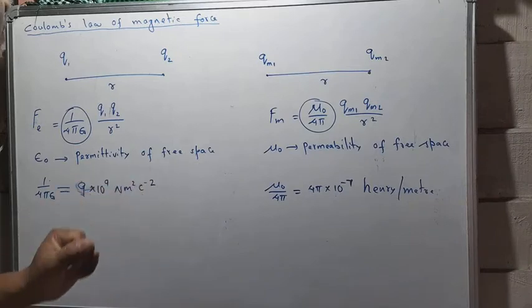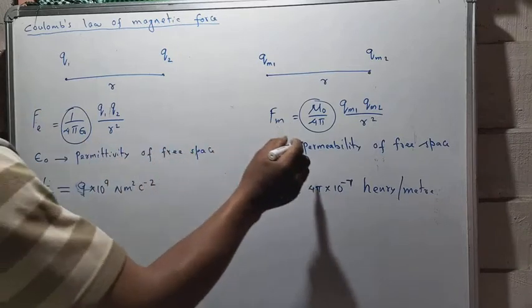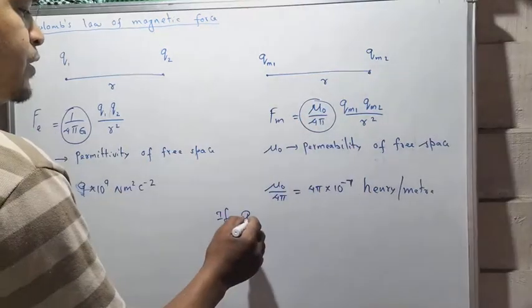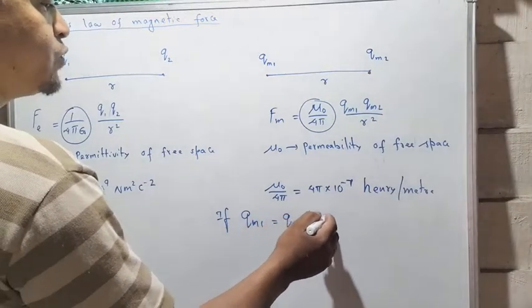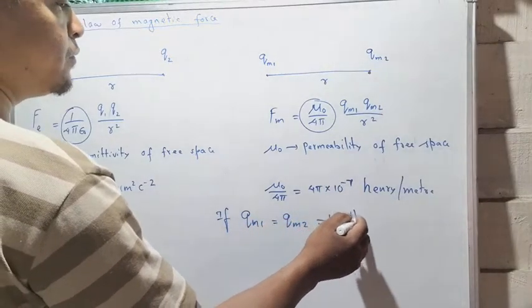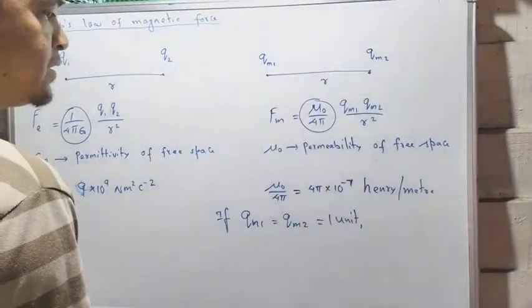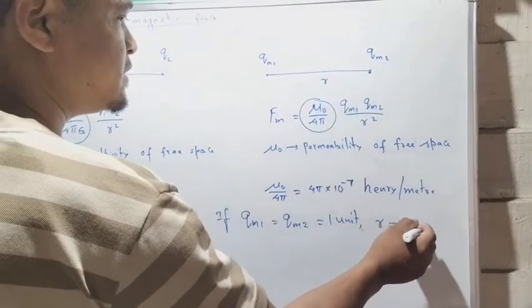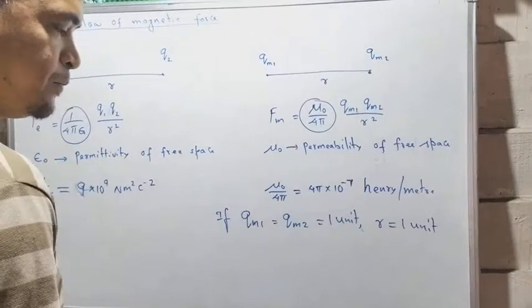Now if Qm1 is equal to Qm2 is equal to 1 unit, that means the 2 poles are 1 unit each, and they are placed at a distance of, let's say, 1 unit. In that case, r is equal to 1.